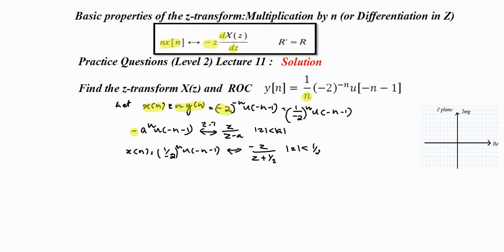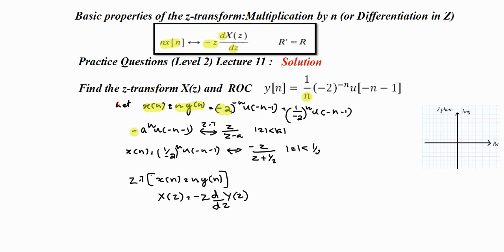So based on that, if you take this particular signal, n into y of n, I can take the z transform of this particular equation, then it becomes x of z is equal to, here we need to apply the differentiation property, so I can write minus z d by dz of y of z.